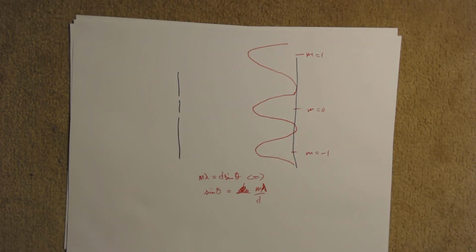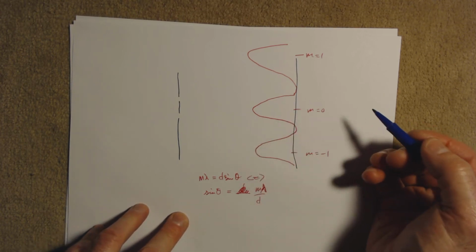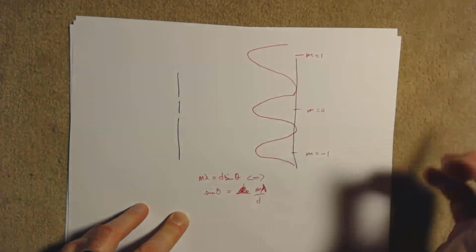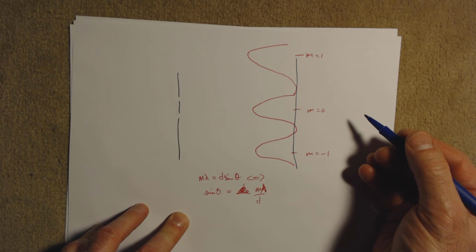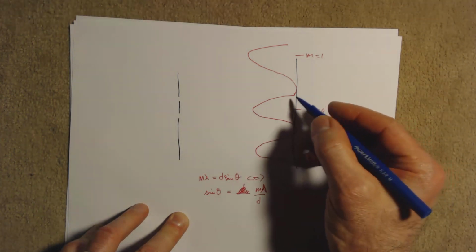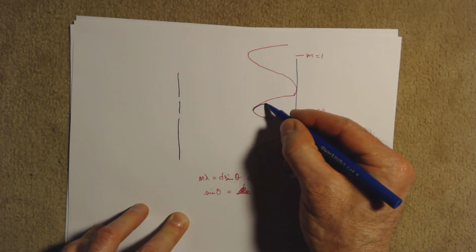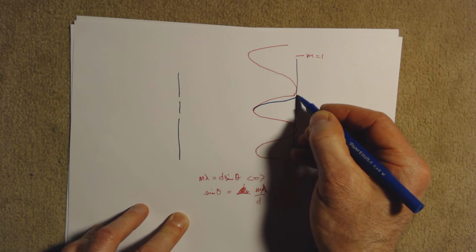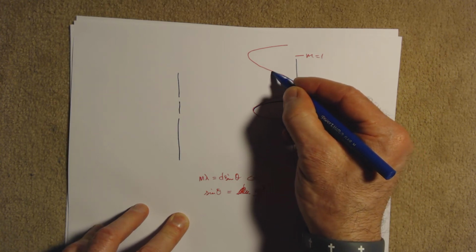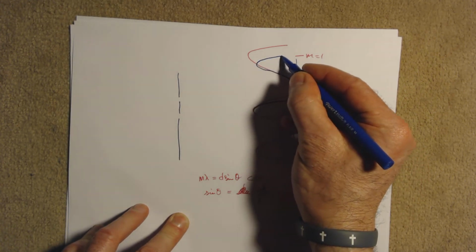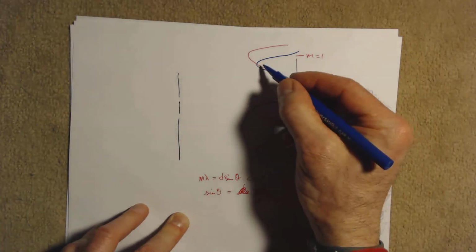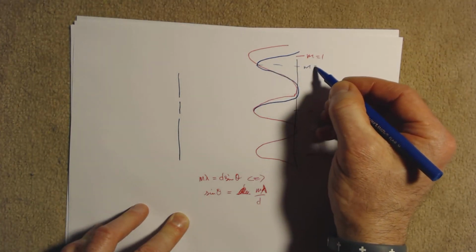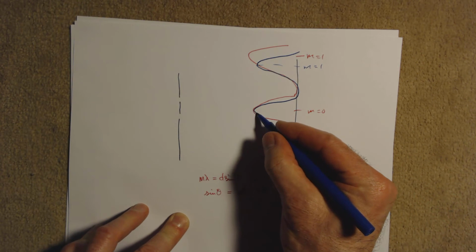Now blue light has a shorter wavelength, so its pattern will be compressed, as we talked about in a previous concept test. The m equals 0 peak is at the same position, but the first minimum is at a little bit lower angle, and the next maximum for the blue would be at a lower angle also.